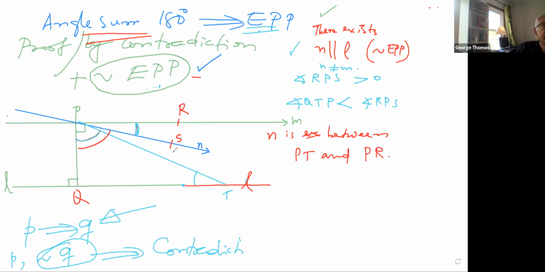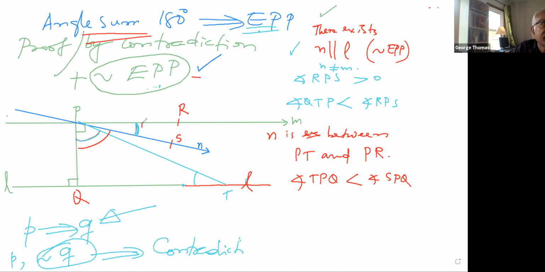N has to be here. Then we have angle TPQ less than angle SPQ, right? This angle is smaller than that angle. And we are almost done then. That means that this angle is already smaller than this angle, isn't it?